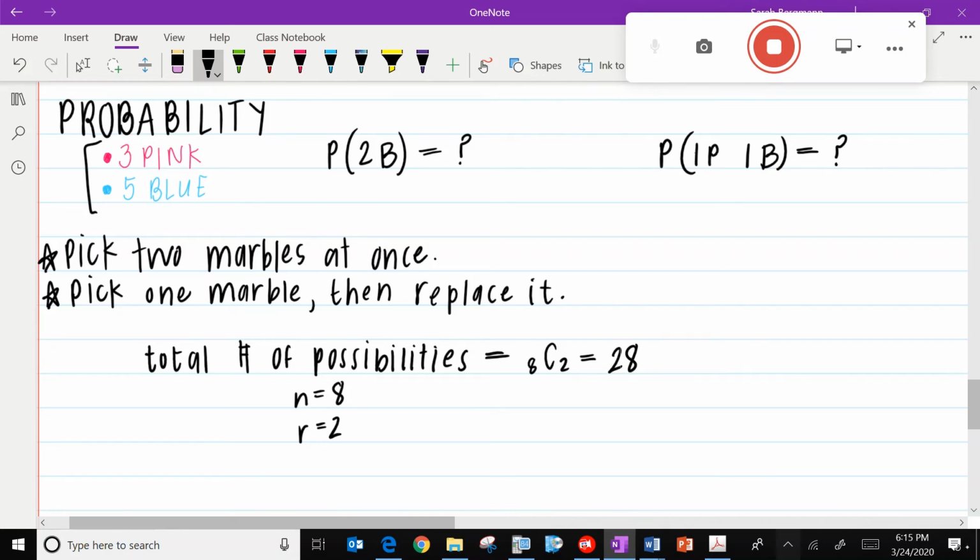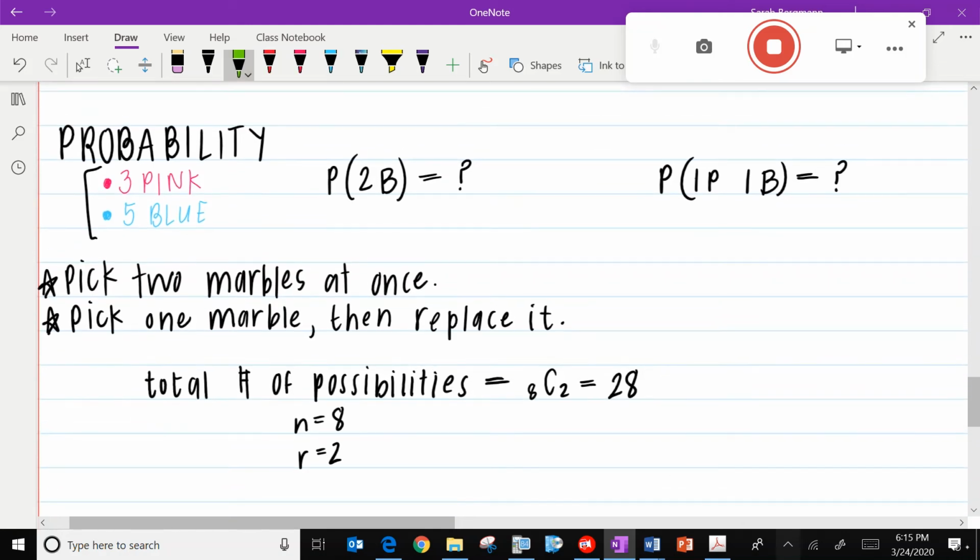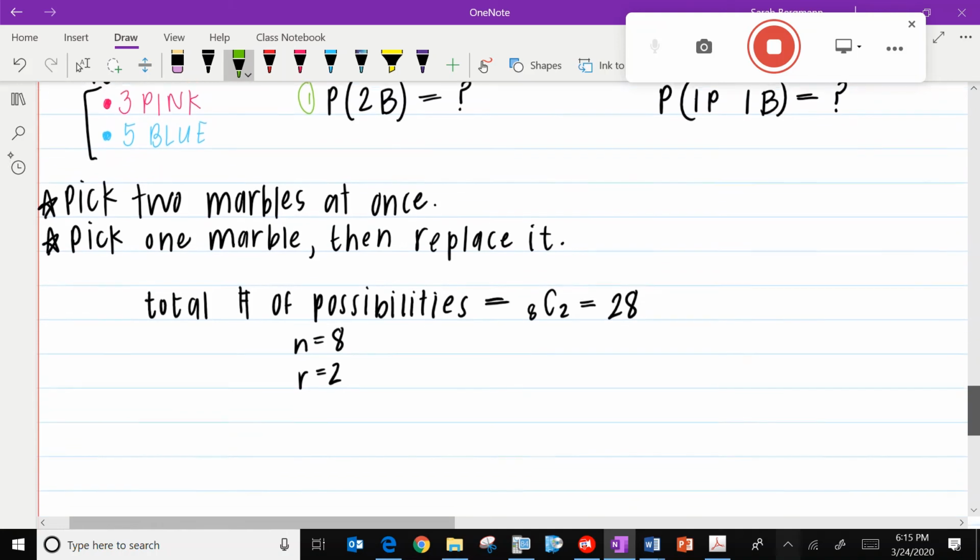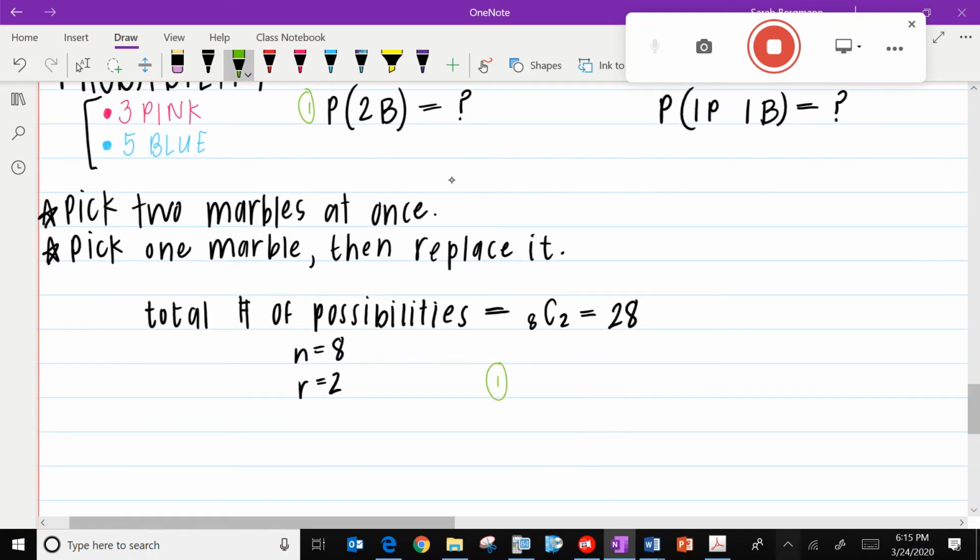And this is saying what's the probability that they're both blue for the first question. So for this first question, we need to figure out, remember, probability is always equal to the number of outcomes in our favor over the total number of outcomes.